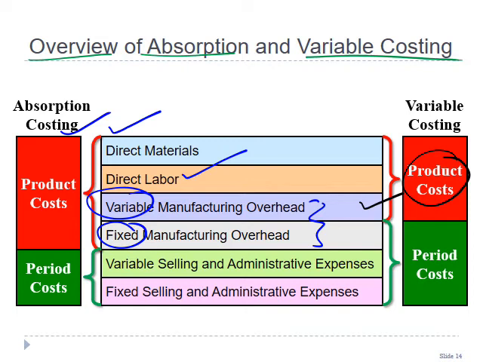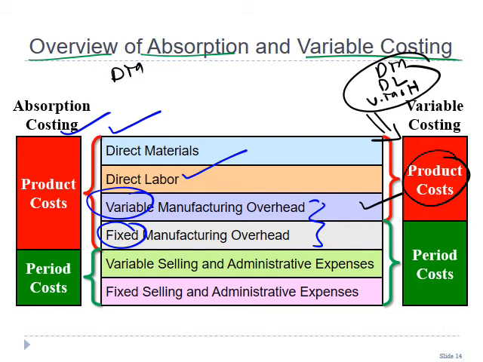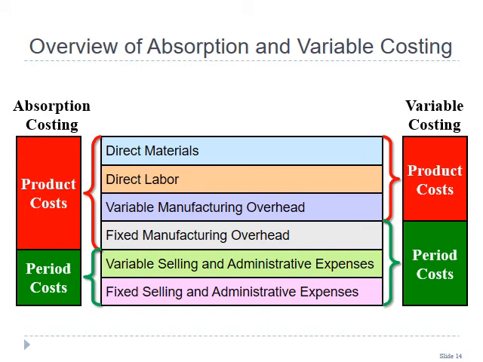So variable costing has direct material, direct labor, and variable manufacturing overhead as product cost. Absorption costing also considers direct material, direct labor, and variable manufacturing overhead, but it also adds fixed manufacturing overhead as a product cost.